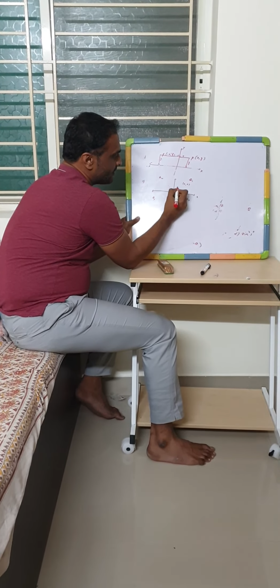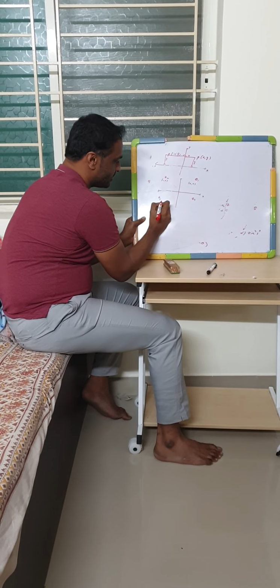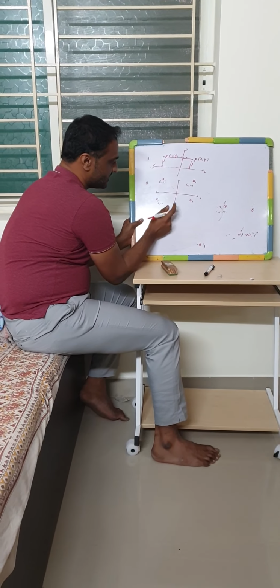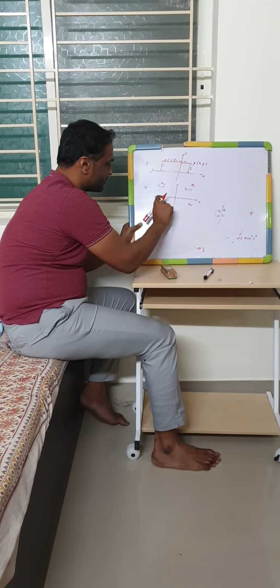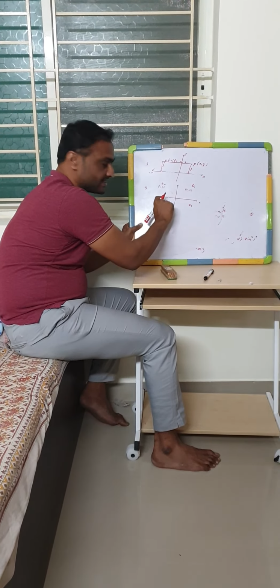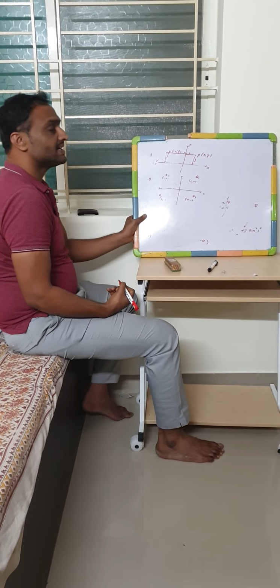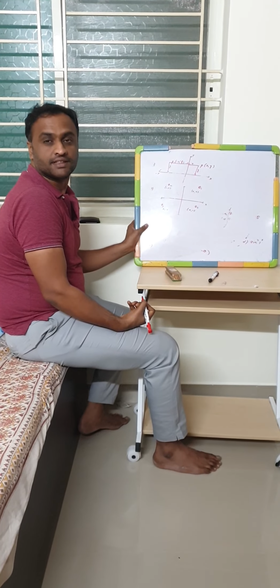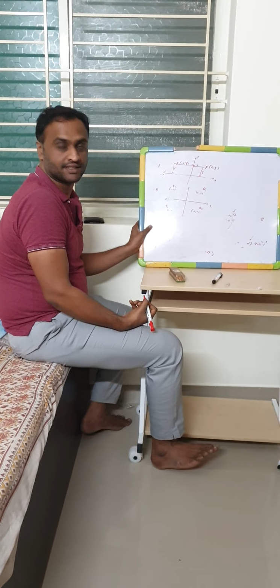In Q2 we have minus, plus: the x coordinate will be negative and the y coordinate will be positive. In Q3 we have minus comma minus, the x coordinate is negative and the y coordinate is negative. And in Q4 we have plus comma minus, right? These are the basic things we learned in school geometry, right?